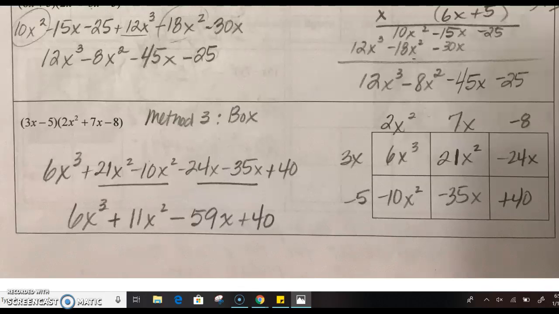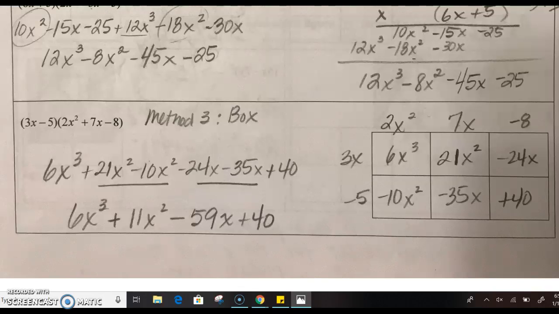So I have my 2x squared plus 7x minus 8. Again, pay attention to signs that precede numbers. And then the binomial will go down the side, so you have 3x minus 5. And again, you're just multiplying this like a little matrix. So 3x times 2x squared is 6x cubed.